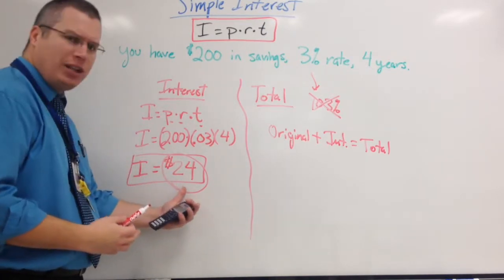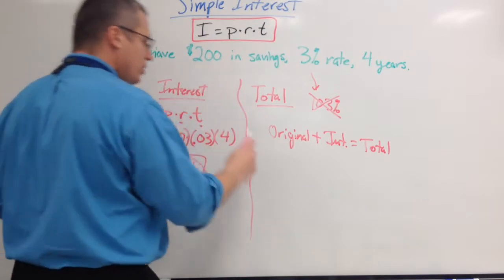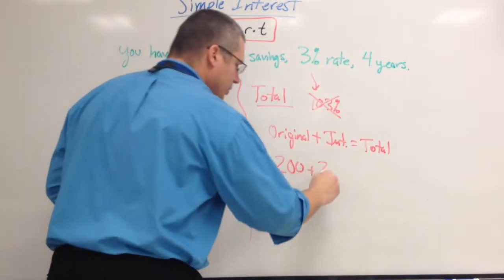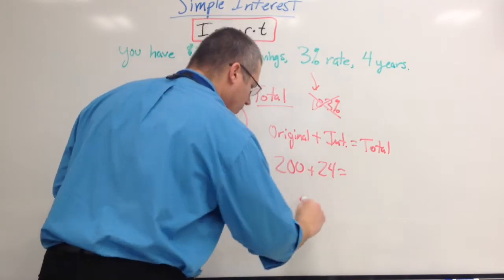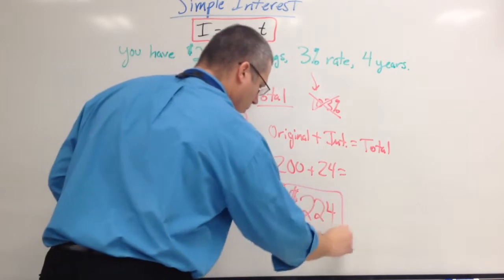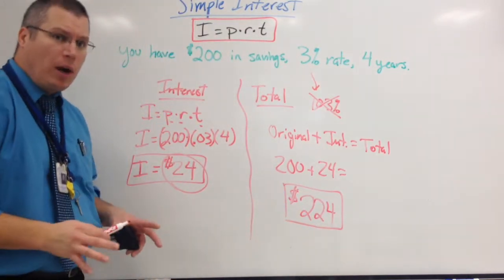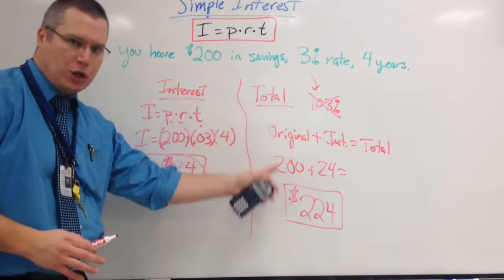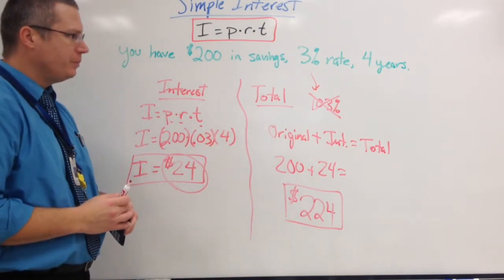I'm going to take how much I earned plus my original. My original was $200 plus $24. What's my new total? $224. So again, be careful what question is being asked. How much interest you earned, or what is your new total amount in the bank?